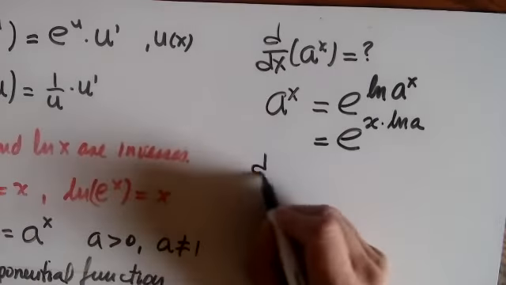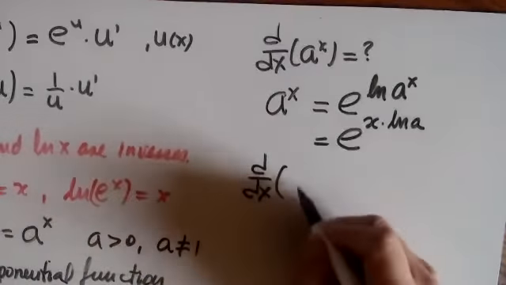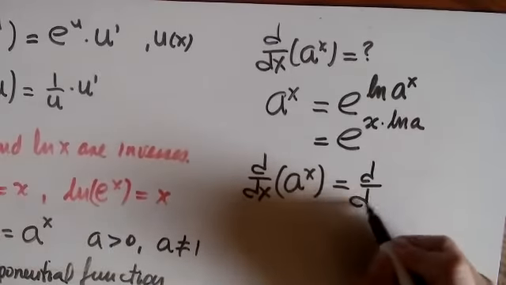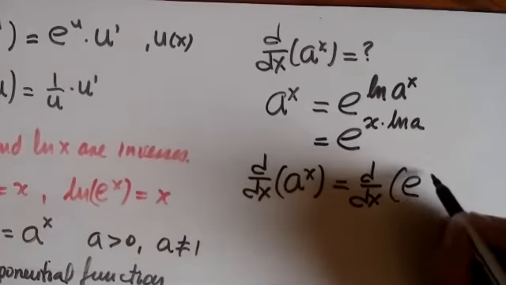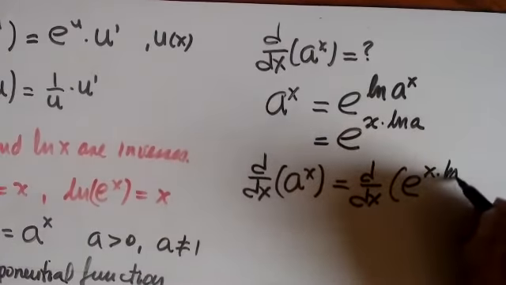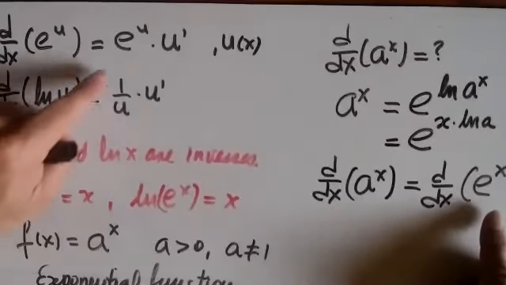The derivative with respect to x of a to the x is the derivative with respect to x of e to the x ln a. So I'm going to use this property right here.